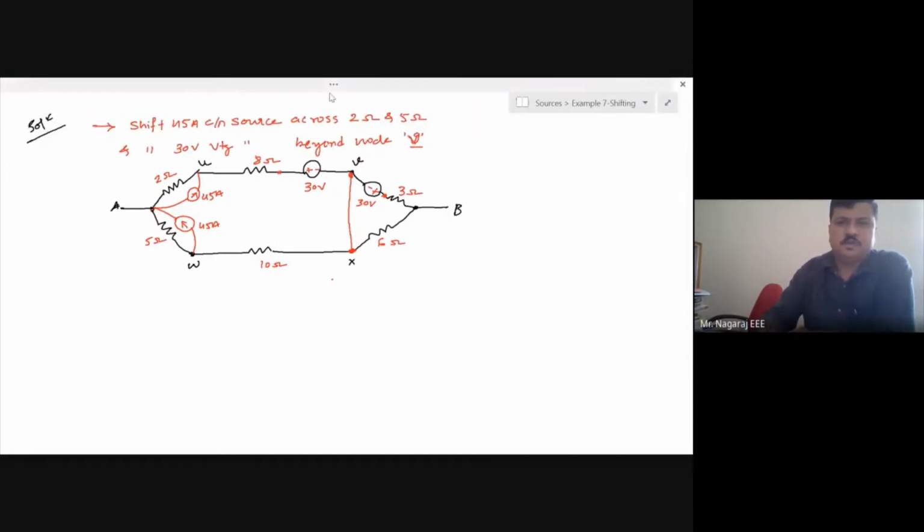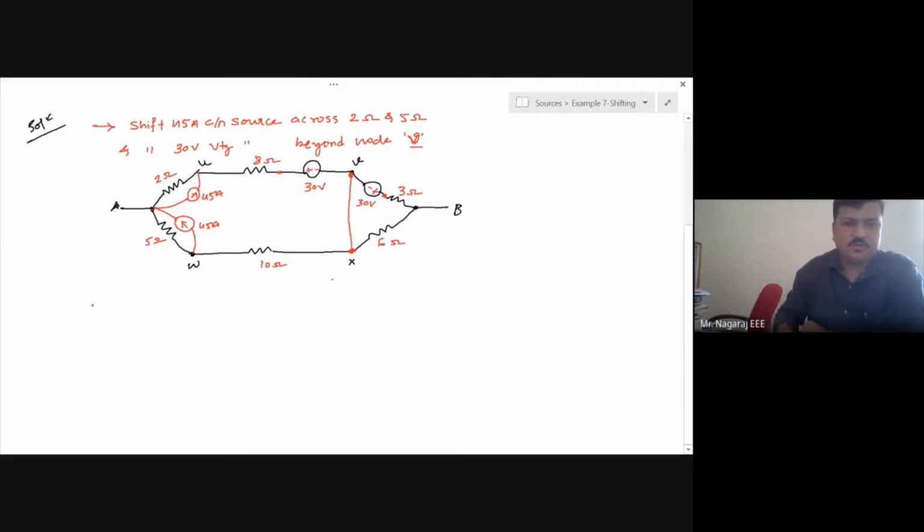Now, simplifying this, I have this current source in parallel with 2 ohms, this 45 amps in parallel with 5 ohms. I will convert 45 amps 2 ohms and 45 amps 5 ohms into voltage sources.